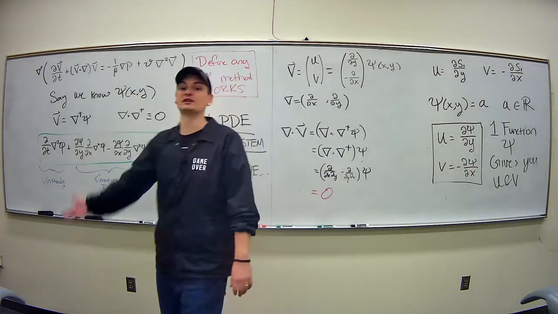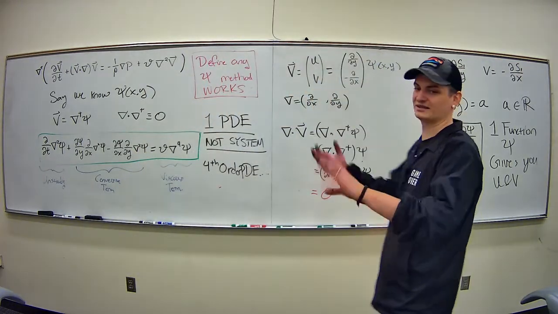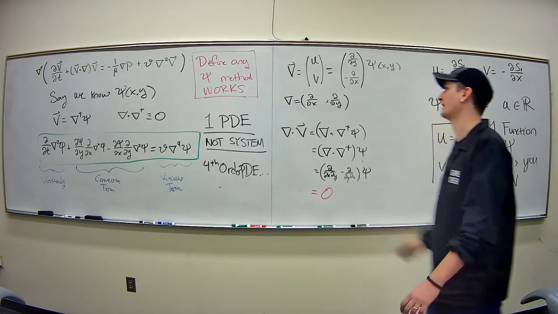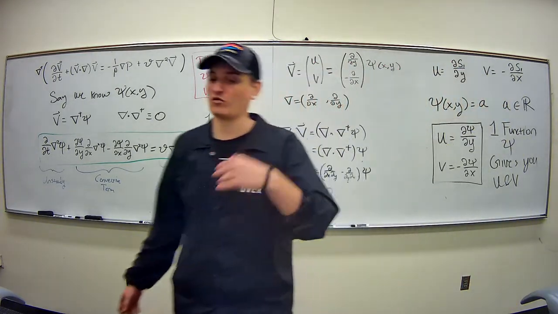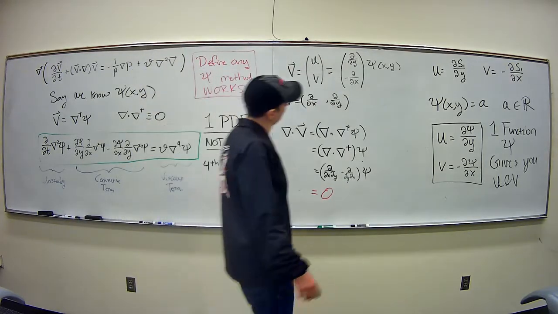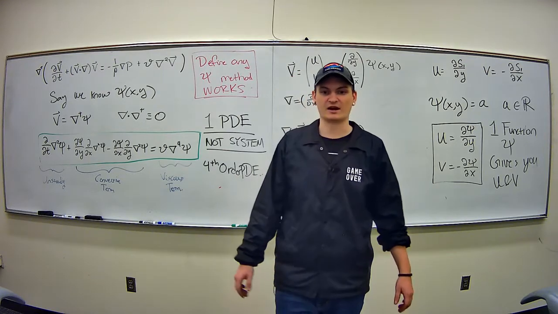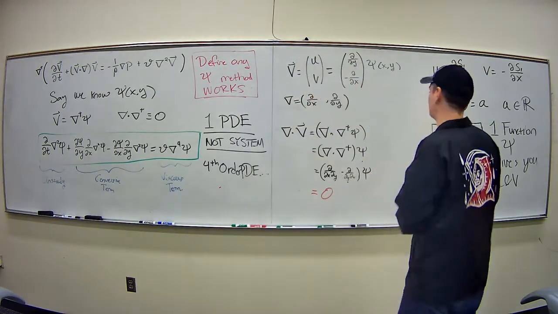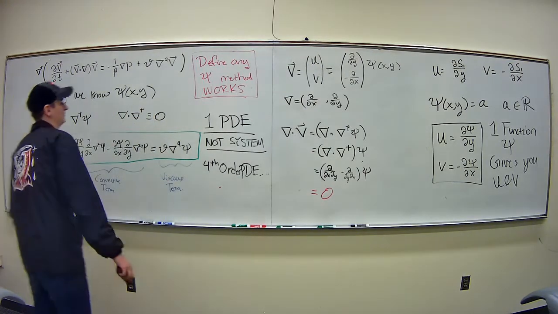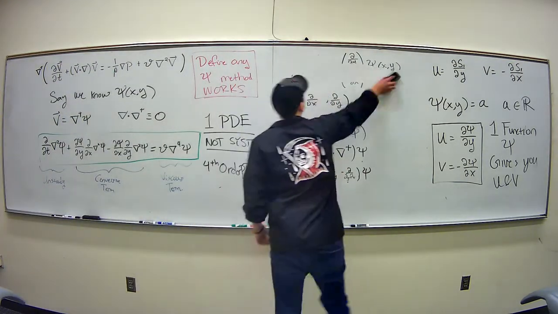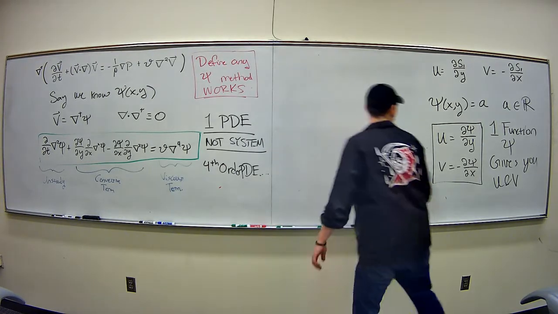You could still do this process. Where before you had to do a lot to even figure out what type of flow is happening. Here, you just write down a psi, some sort of crazy function with x's and y's. Then you go ahead and just see what on heck those velocities would be. And with those velocities, you plot them and you see what kind of flow you're modeling. That is a very tricky thing. But it makes it a lot easier. This is stream functions. Stream functions flip everything that we've been doing.